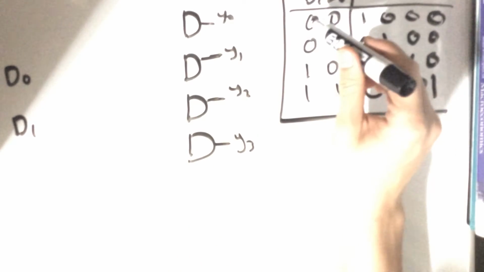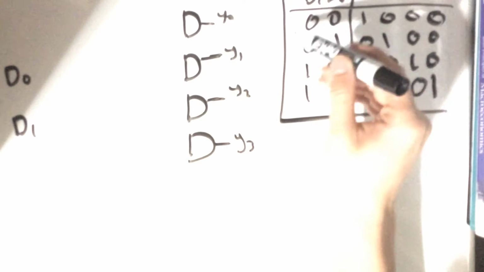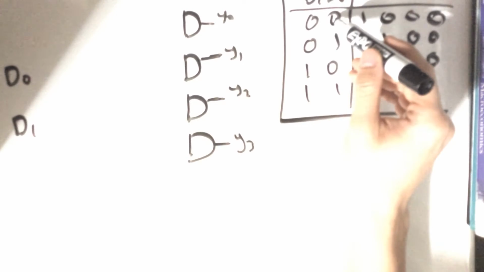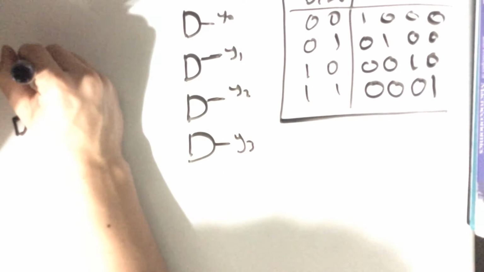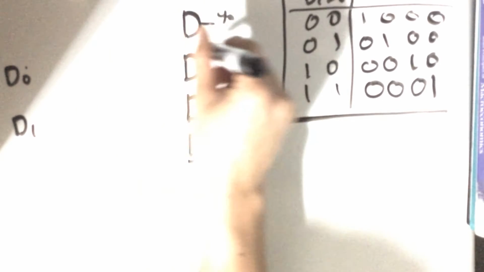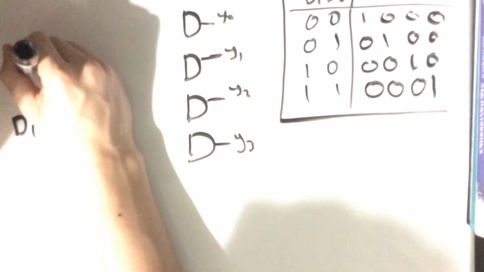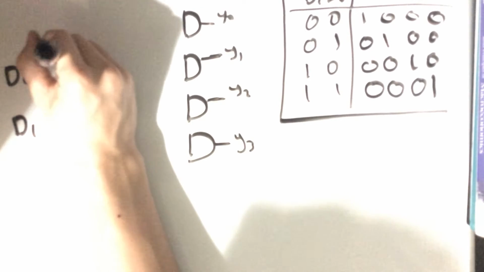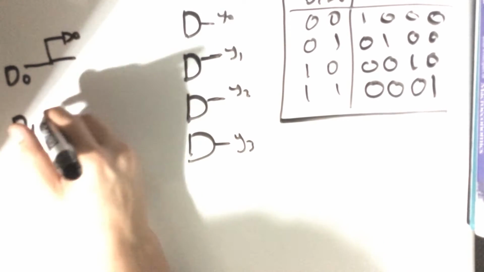The way we're going to connect these to all 4 AND gates is through the use of our NOT gates.